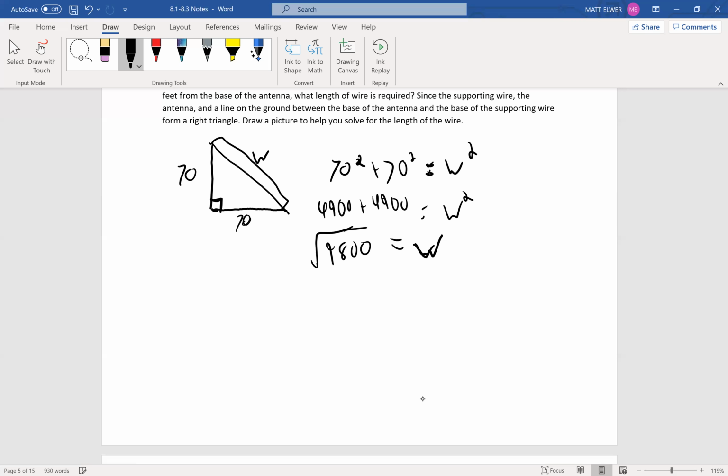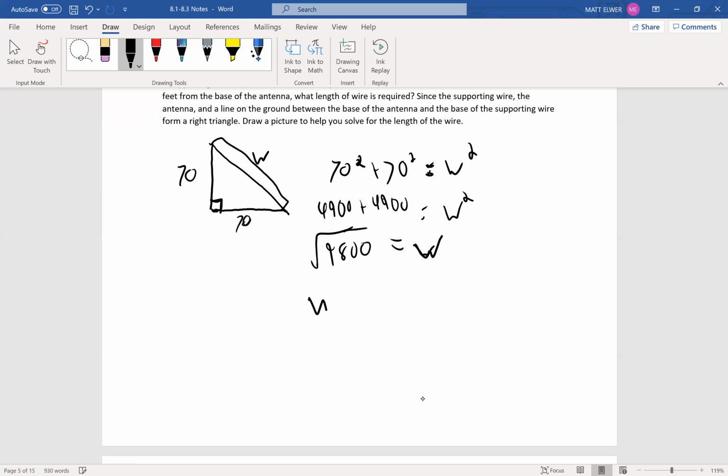Now notice that normally we have to put a plus or minus sign, but the length of the wire can only be positive. We can't have a negative length of wire. So I'm only going to take the principal root, or the positive case. So W is equal to the square root of 9,800.